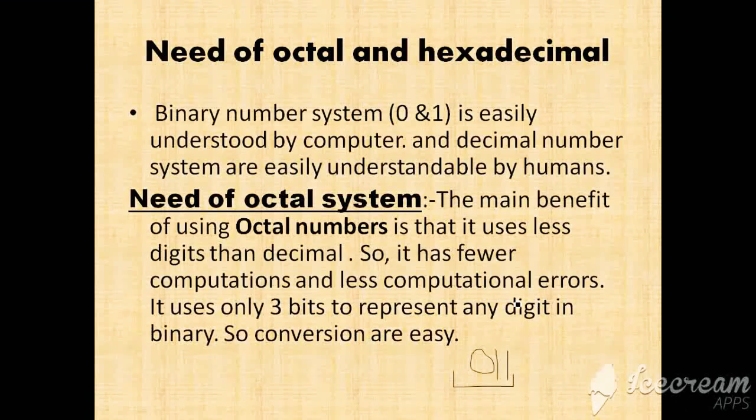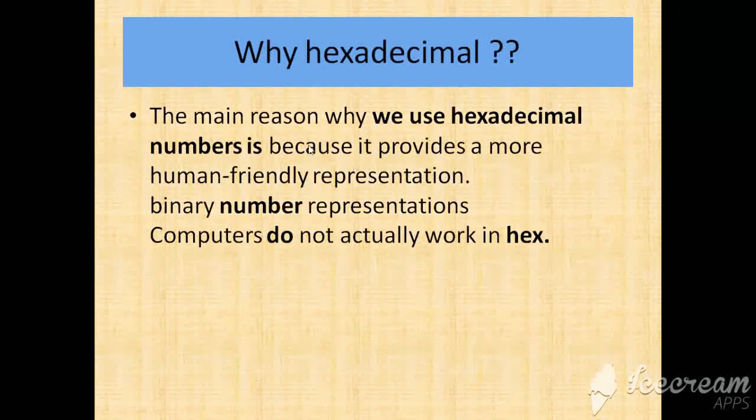I have already explained this. 1, 2, 3, the 3 digits are there, so it is called 3-bit representation, the binary representation of any octal number. Now we understand why we need octal: because of less computational error, fewer digits are there.